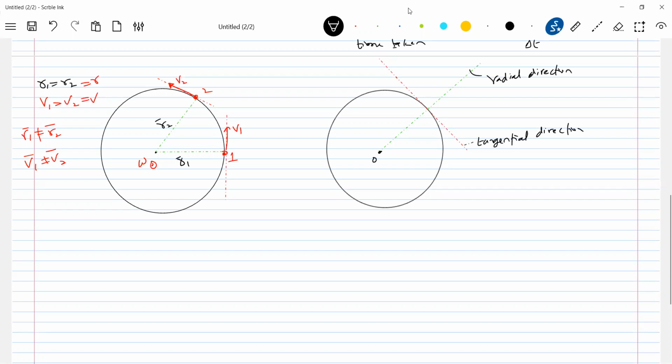The unit vector directed along the tangential direction I'll call E theta cap. This is a typical symbol used in the book. It's a unit vector. Then the unit vector directed along the radial direction will be ER cap.